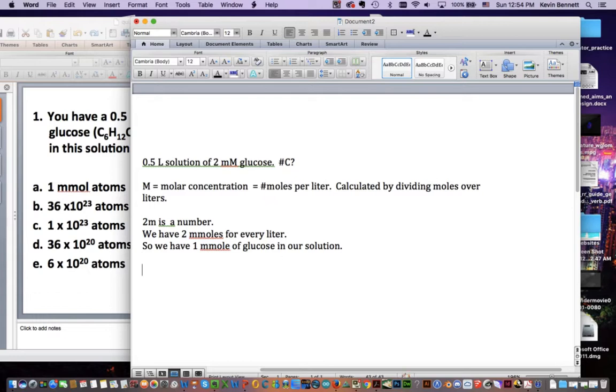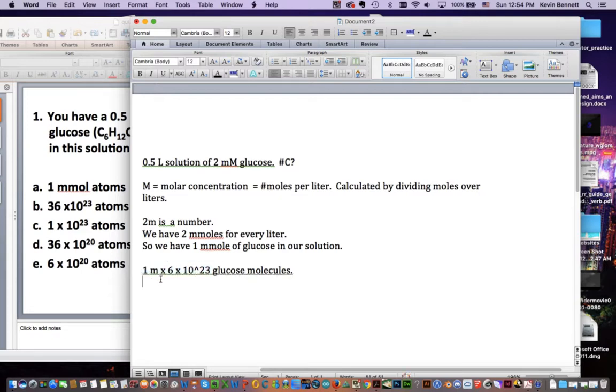So the first thing you have to do is figure out how do we get from moles into number of things, and we said that a mole is just Avogadro's number. So we have 1 milli, keep that milli in there, times Avogadro's number, which is 6 times 10 to the 23rd glucose molecules. Okay, so that gets us to number of glucose molecules.